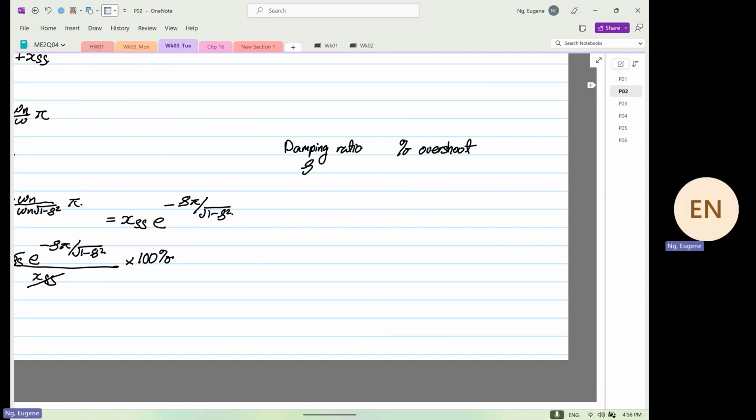And if our damping ratio is 0.2, 0.4, 0.6, and 0.8, what will happen is our overshoot is 52.7%, 25.4%, 9.5%, and 1.5%.